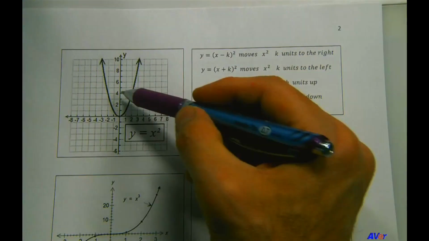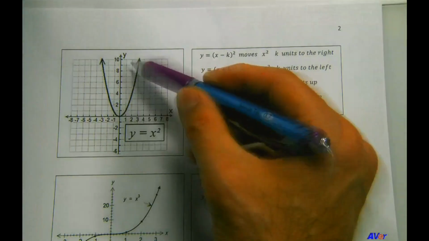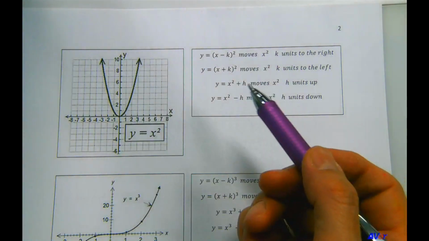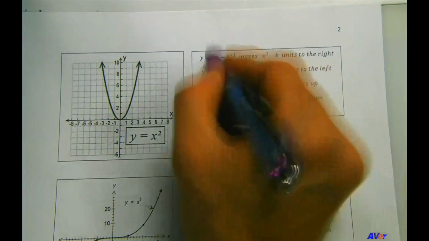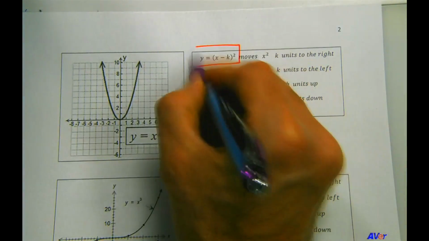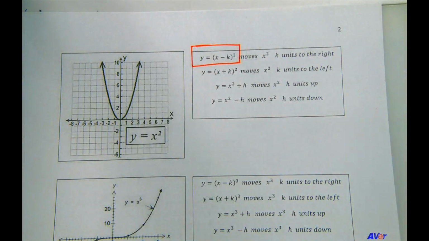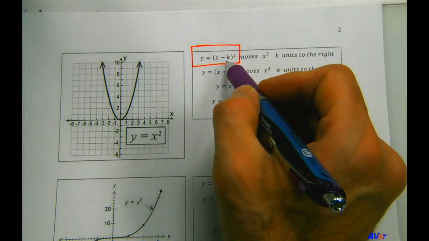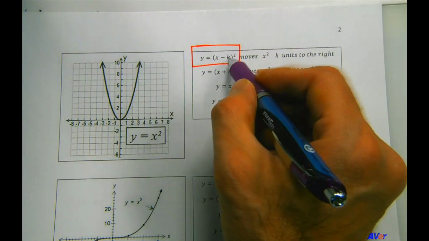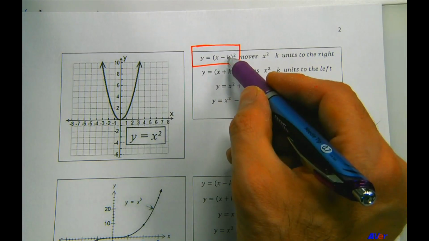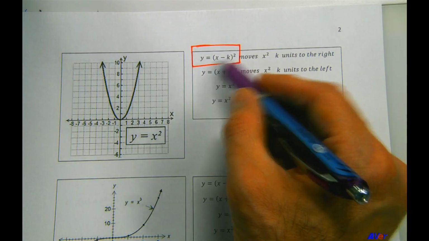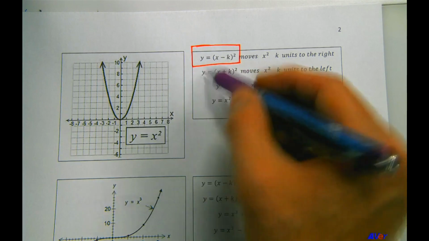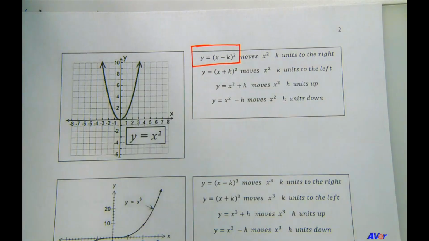The function is different, but the rules are the same. So on this page we have the quadratic function y equals x squared. Once again, this is the general equation for a quadratic function. So it's x minus k, k representing the number that will indicate how much horizontally this graph should be moved.